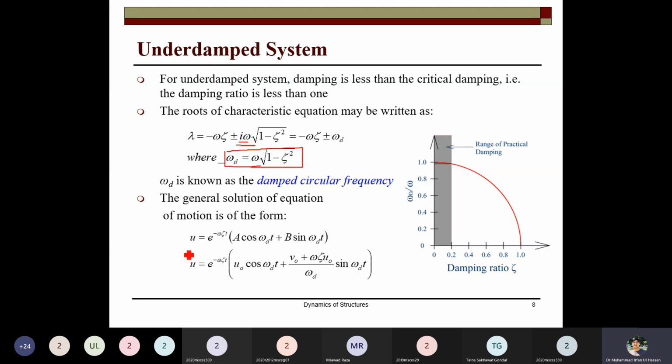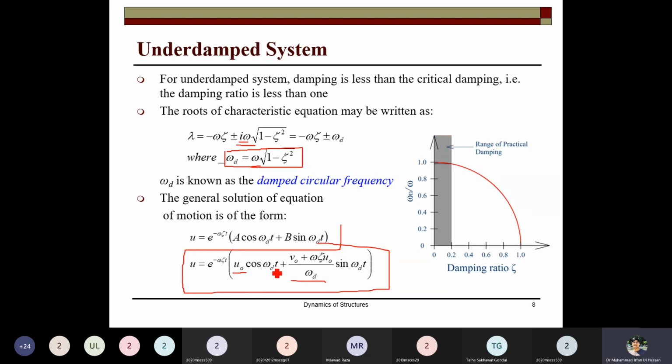And the general solution of this case will be written as this one, e to the power minus zeta omega t into A cos of omega d t plus B sine of omega d t. A and B are determined from the initial conditions. A is equal to u naught and B comes out to be this. This is the solution for the underdamped system.